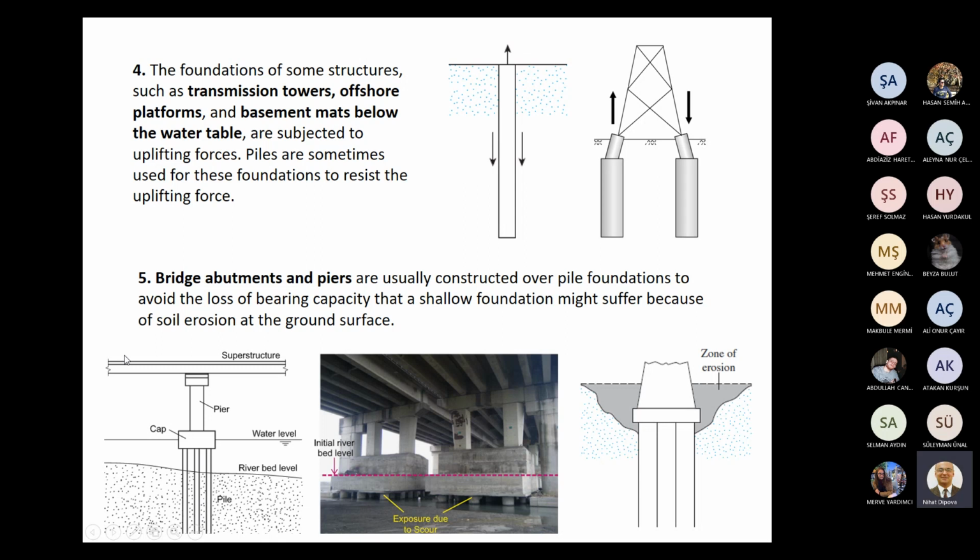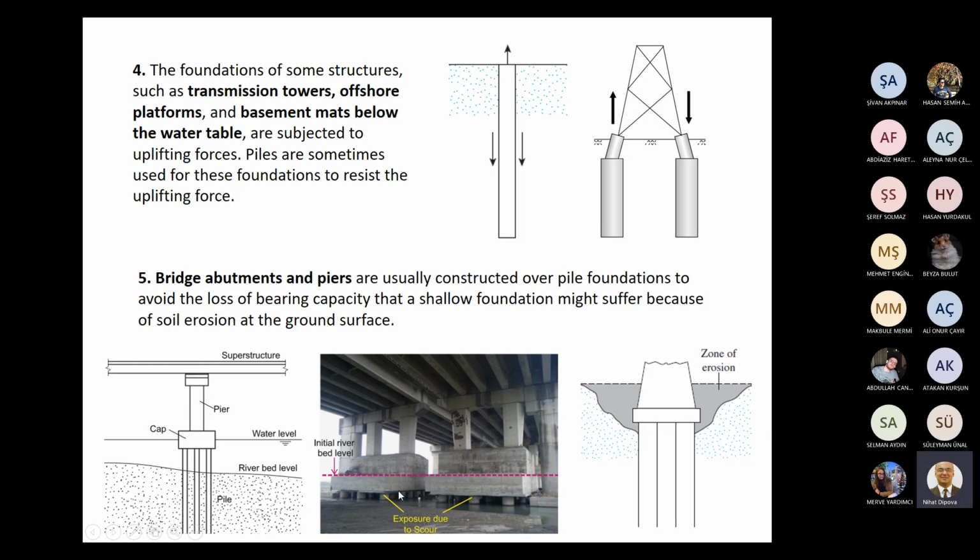Fifth reason is bridge abutments. Bridge abutments and piers are usually constructed over pile foundations to avoid the loss of bearing capacity that a shallow foundation might suffer because of soil erosion at the ground surface. In such a case, pile foundations are needed.